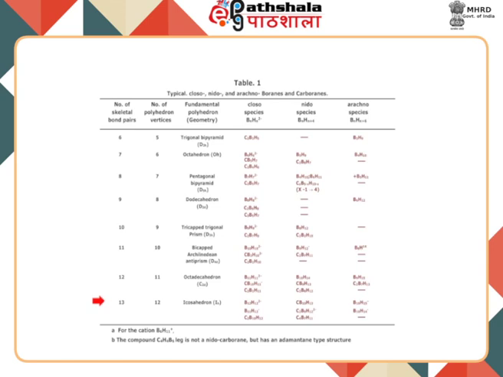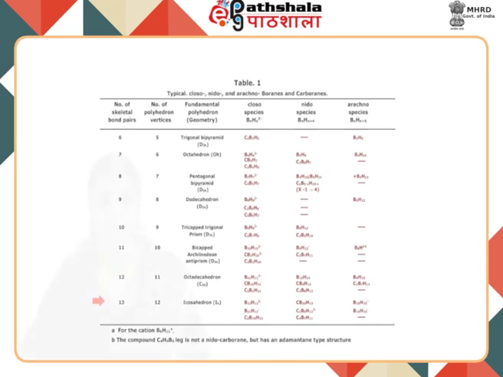Under the nido species, the examples are CB10H13 and C2B9H11 2-. Also C4B7H11. Under the category of arachno species, the examples for icosahedron are B10H15- and B10H14-.